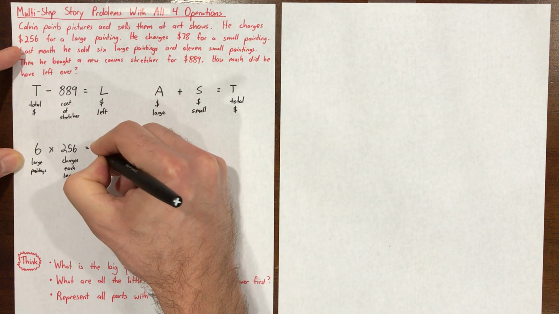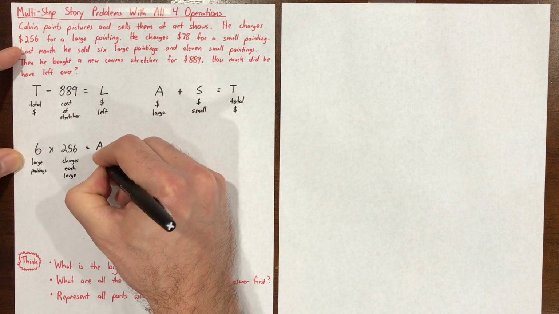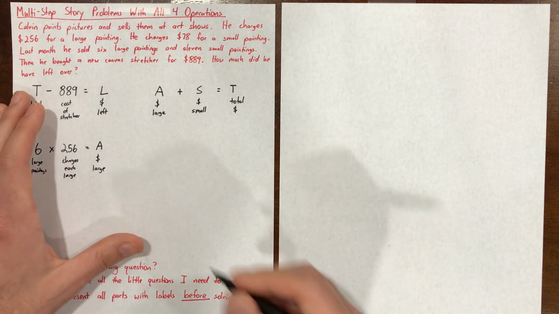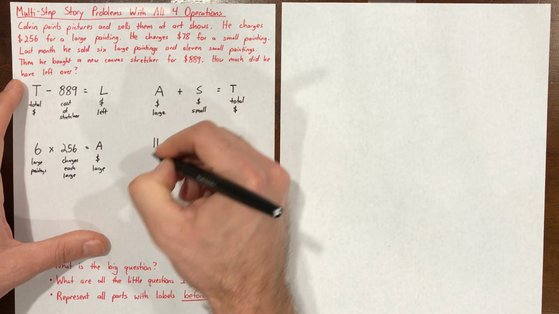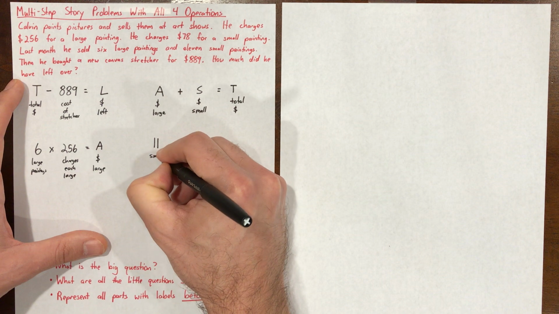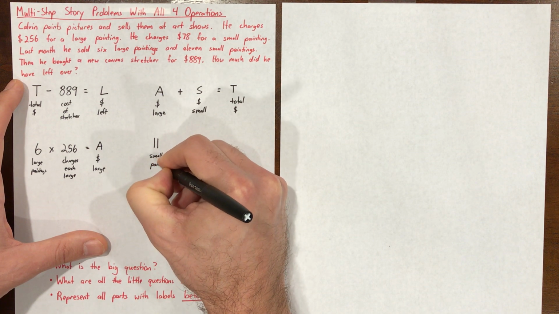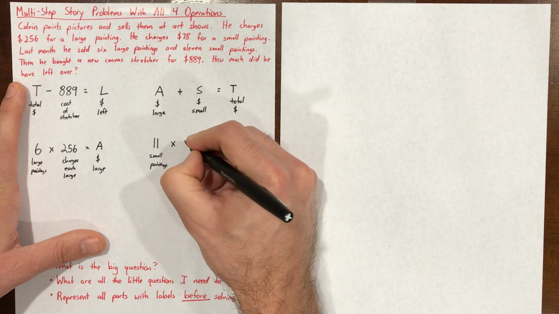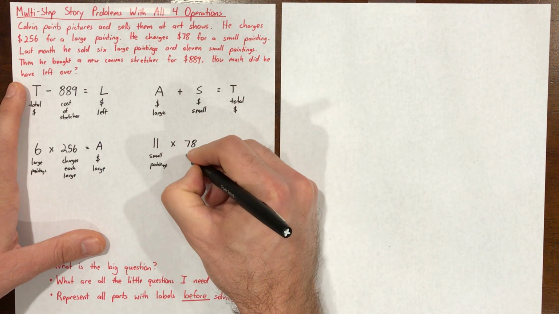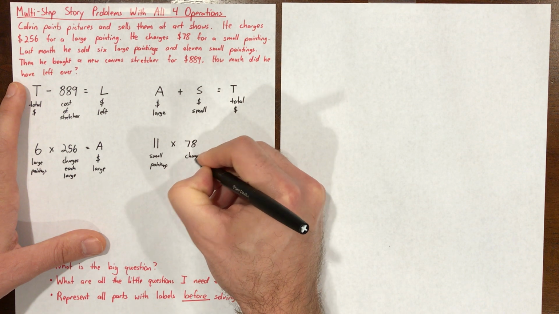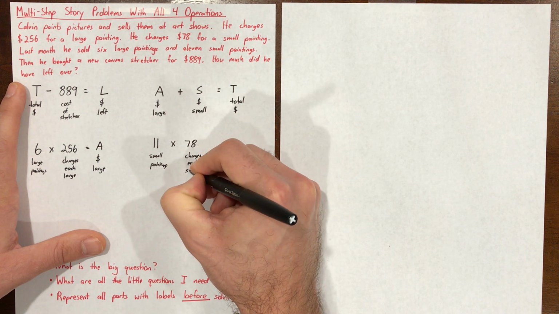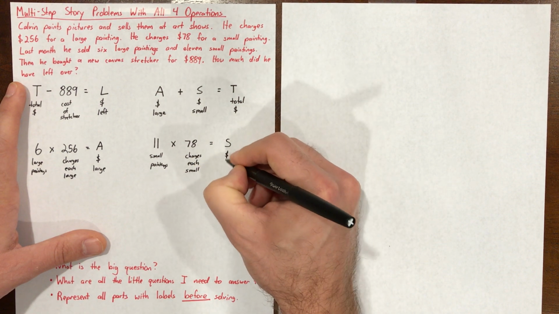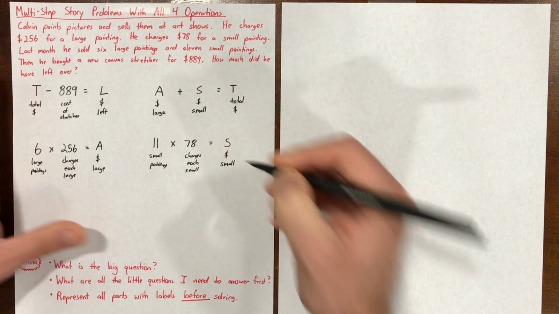That will give us the amount of money that he made from the large paintings. And then for the small ones, we're going to take 11, right? Because he had sold 11 small paintings. Multiply that by 78. That's how much he charges for each small painting. And that will give us the amount of money that he made off the small paintings.